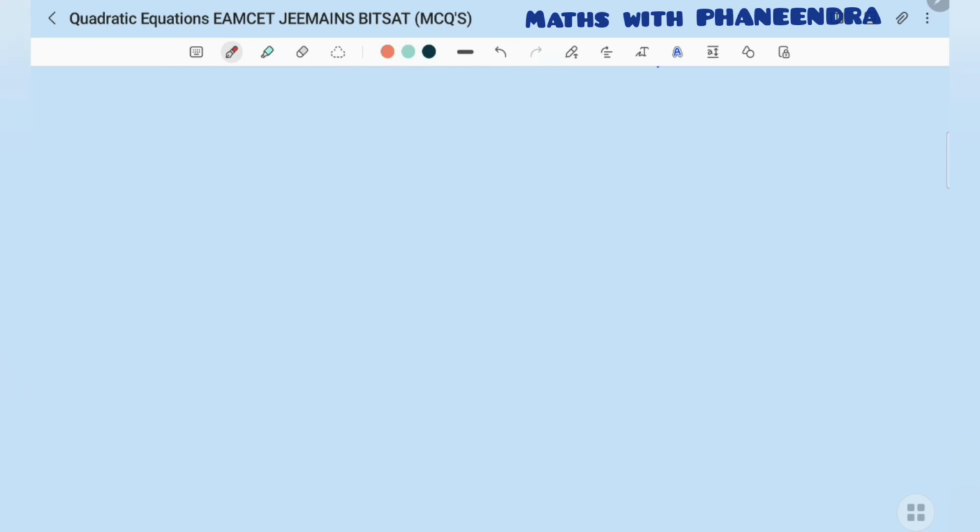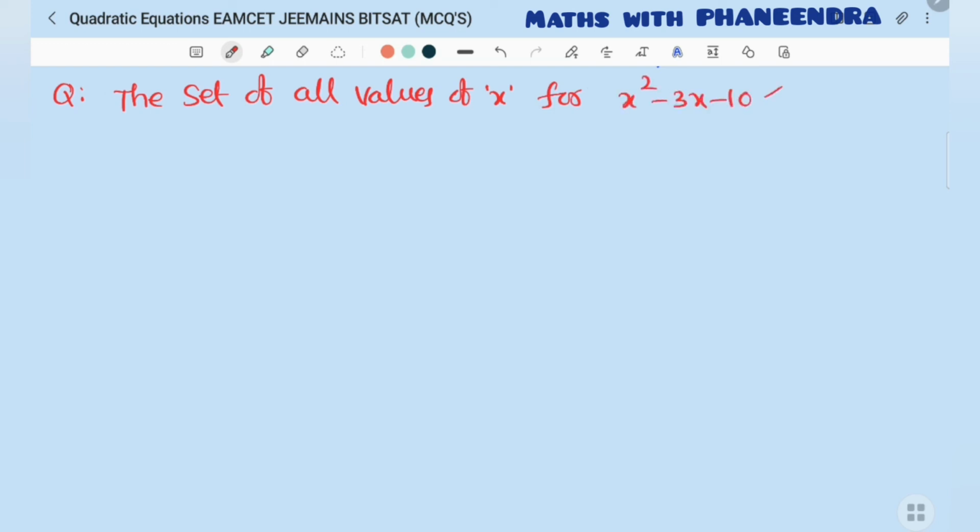So here the next question: the set of all values of x for which x square minus 3x minus 10 is less than 0 and 10x minus x square minus 16 is greater than 0 holds simultaneously.